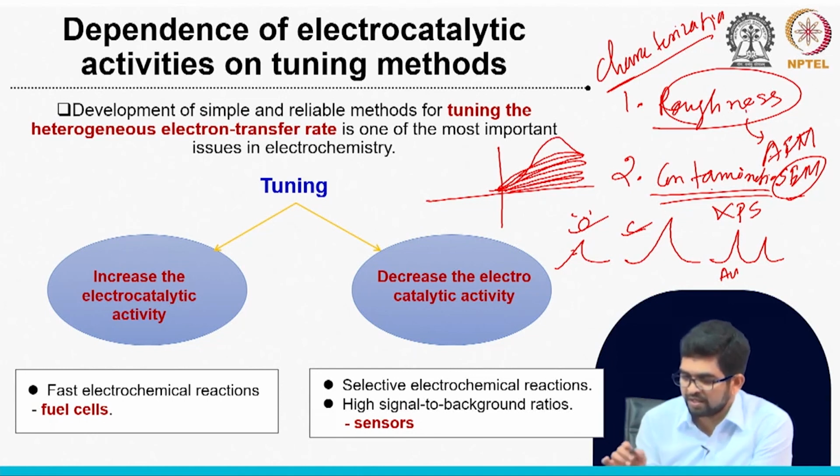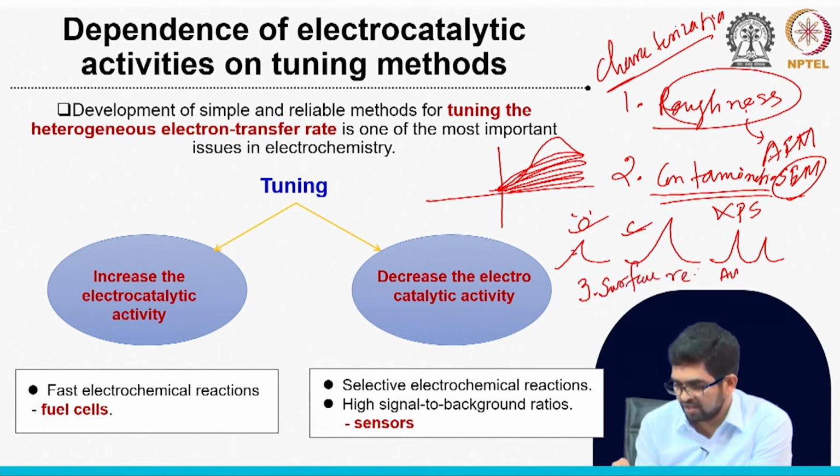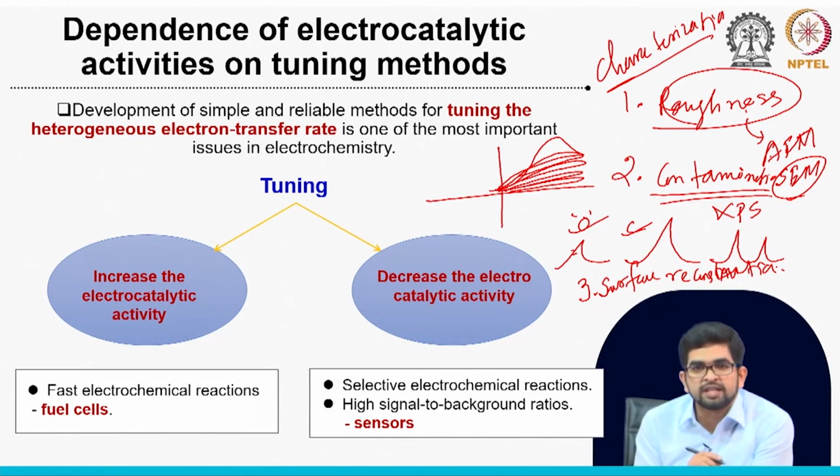So, roughness, contaminations, and anything else you want to check? Just one factor I told you last time, the surface reconstruction. This is just a hypothesis I told you that can happen during the pre-treatment and aging case. It means after the pre-treatment, maybe your surface atoms are highly active, and they can reconstruct each other, before treatment and after treatment.